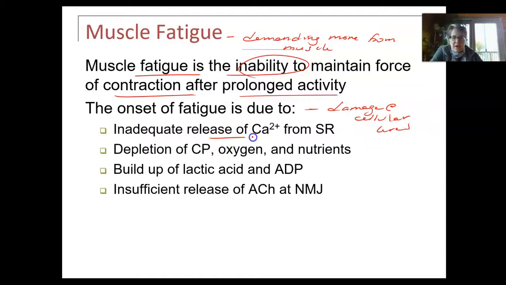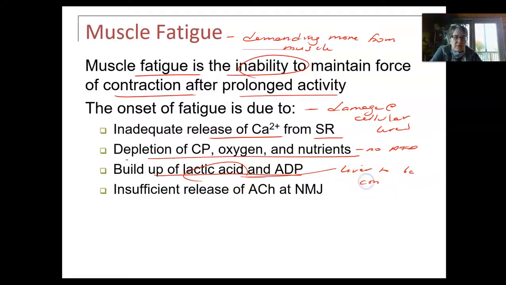I'm not going to have enough calcium around from the sarcoplasmic reticulum. I'm going to have depleted all of my energy stores, so no real ATP. I'm going to have a buildup of lactic acid, which then has to go to the liver to be converted back to something usable.